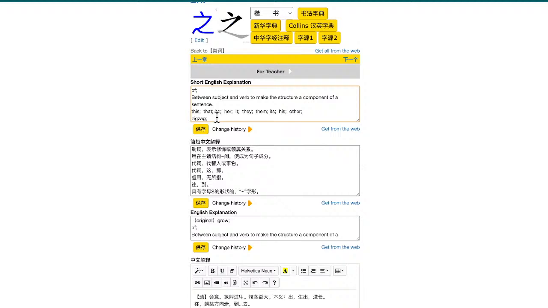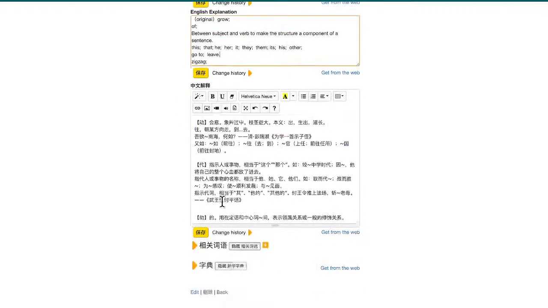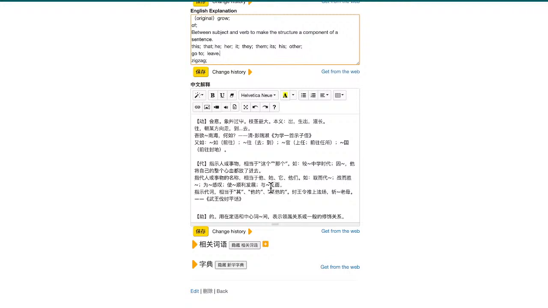All right, so these are the basic meanings. Let's see. 英之教之中学时代, this is 教之, this is "that."